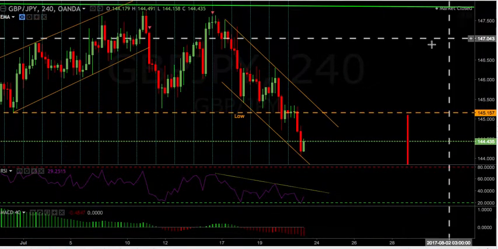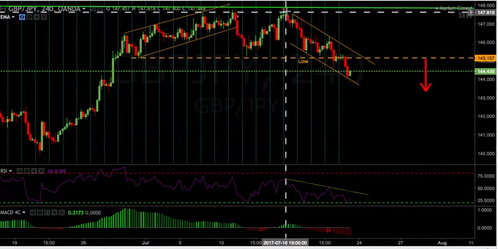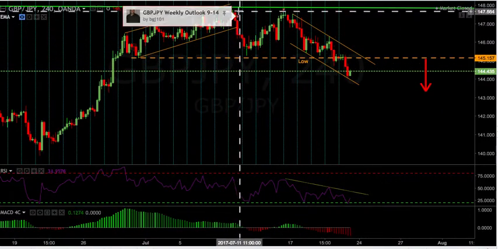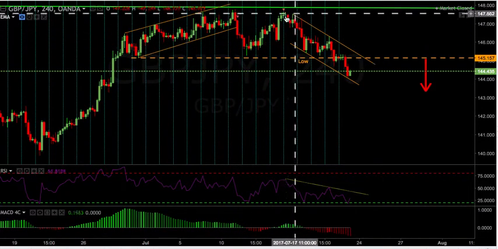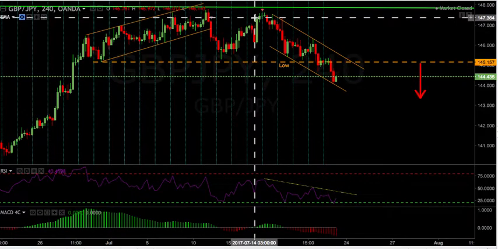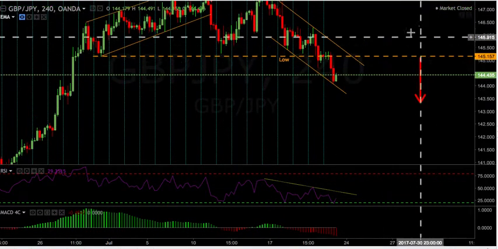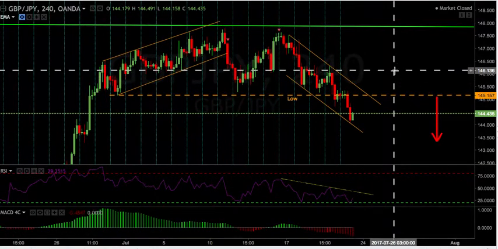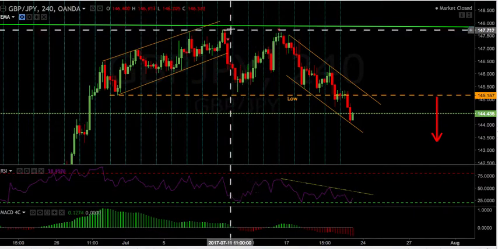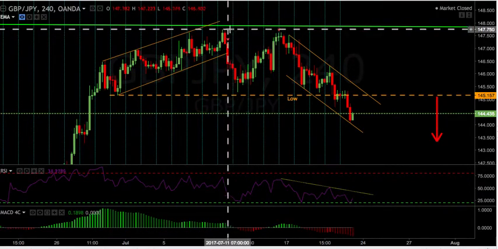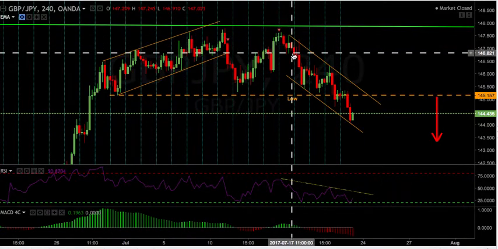Pound yen. Okay, pound yen is in this descending channel after a bounce, a retest of the high. So these are good trades. I actually entered a couple of pound trades last week also. These are some of my most favorite trades. The actual retest of the high comes into our money trade and our double top trade area, and those are just guaranteed money for us.